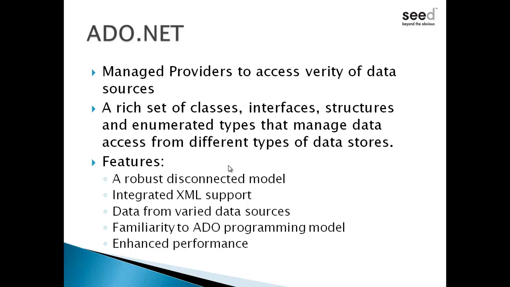So using ADO.NET we can access XML files, and it supports one new model known as the disconnected model, which was not there in ADO. We will have a separate session to understand what exactly the disconnected model is. In this session, let us concentrate on the connected model.